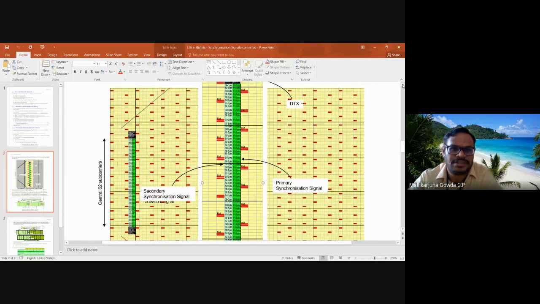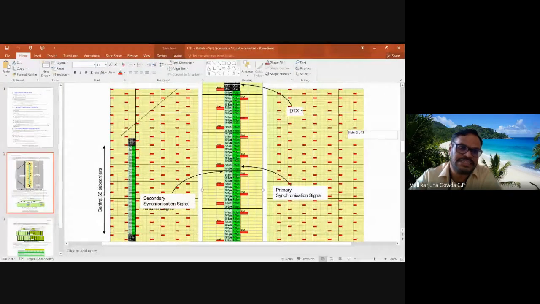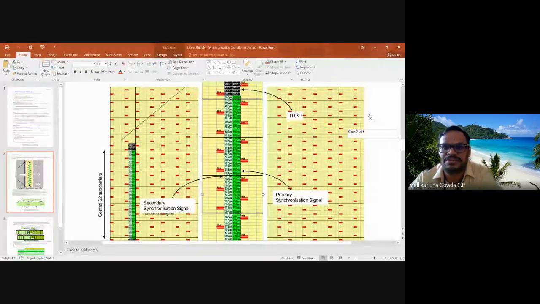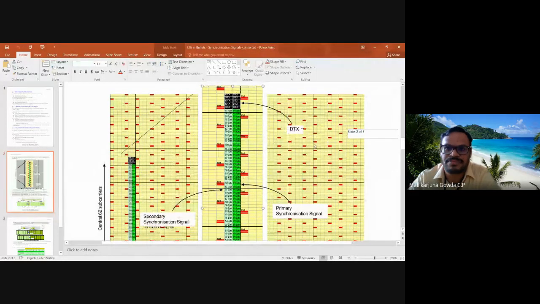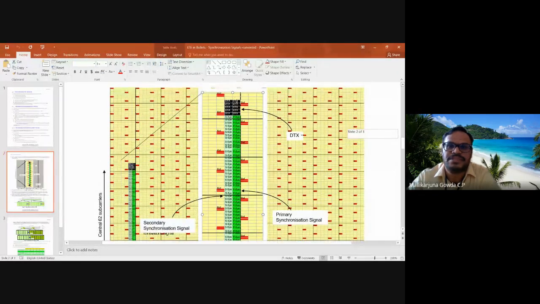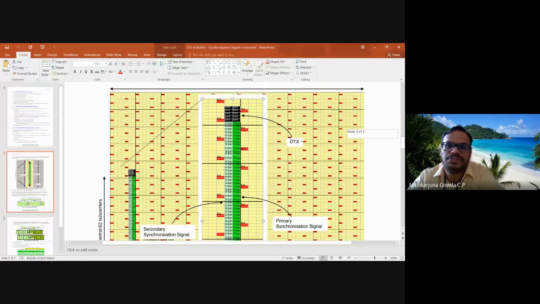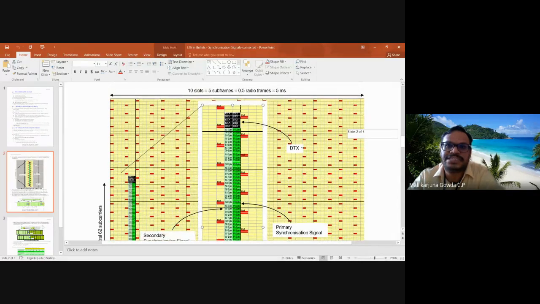Here it is written central 62 subcarriers. This picture will be very clear if you see it with that software. See, the upper 5 subcarriers will not be used. Able to see that DTX is there now.